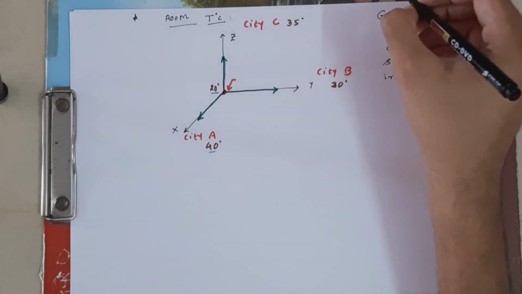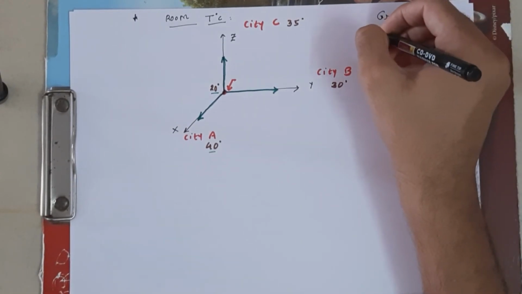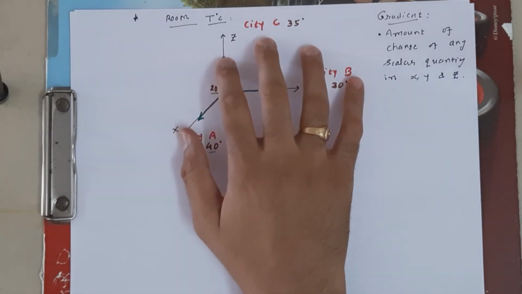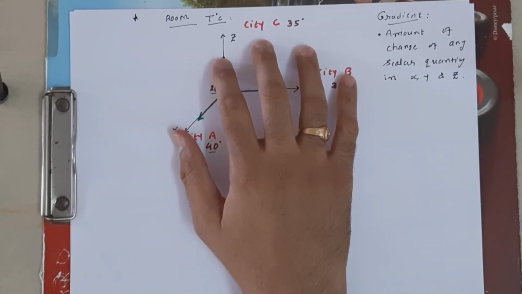How much amount of change of any scalar quantity in x, y and z direction is indicated by the gradient. Clear? This one is a good example to understand the concept regarding the gradient.